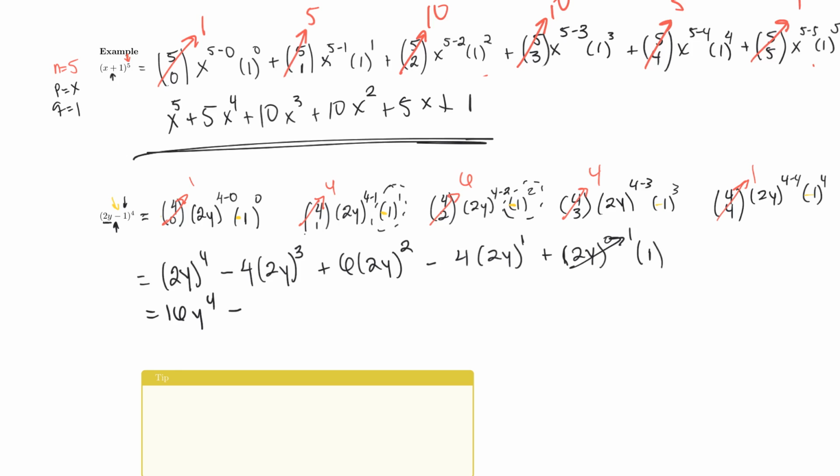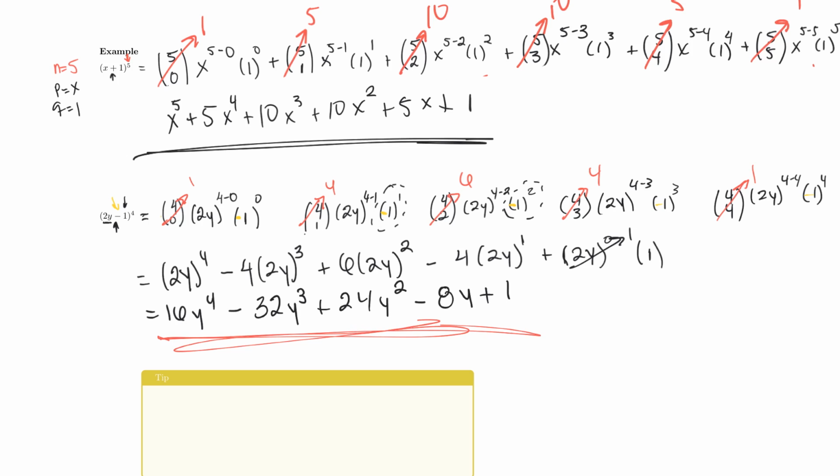That will be 8 times 4. That will be 32y cubed plus 2 squared is 4 times 6 is 24y squared. Then we have 4 times 2 is 8y plus 1. And this is our binomial expansion using the binomial theorem.